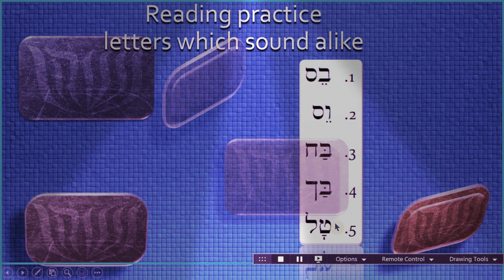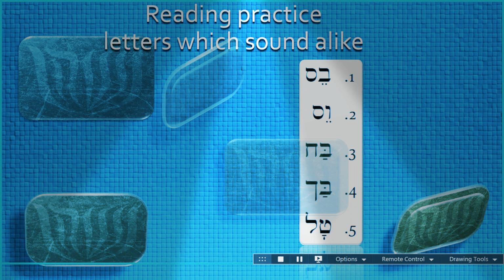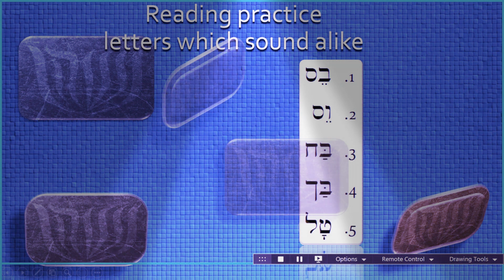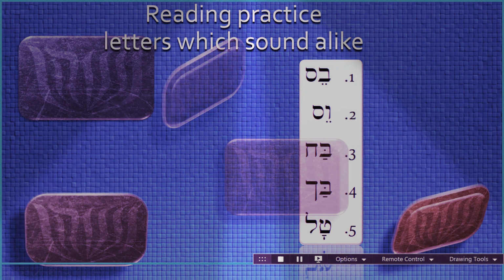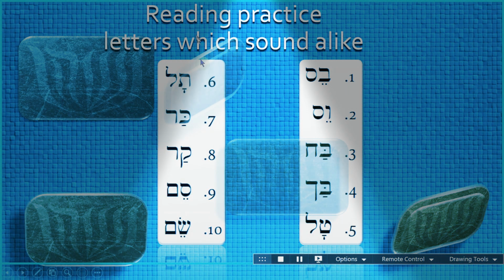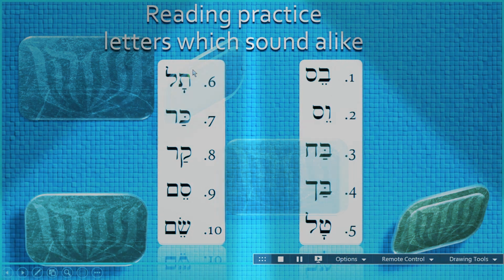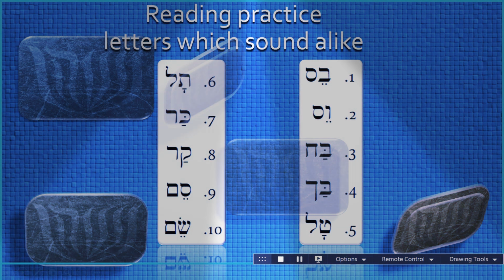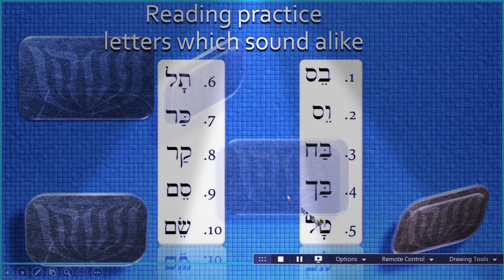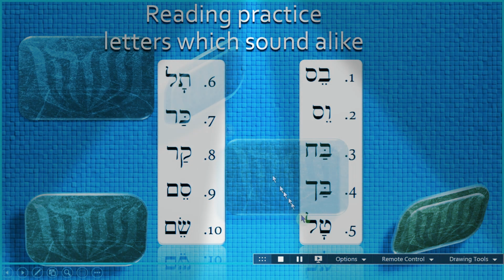Number 5, Tal. Number 6, try to read that for yourself. Tal, right? So we have tet and tav, both sounding the same.